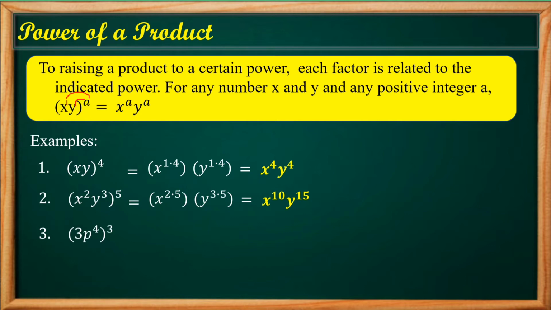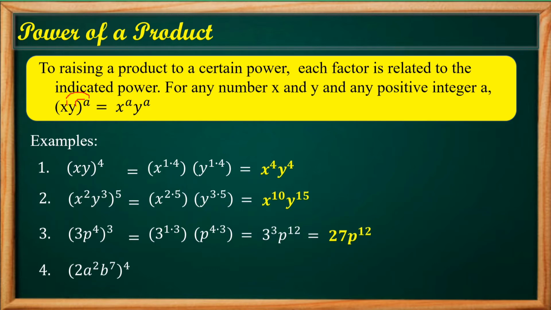Number 3, the same: 3 raised to the power of 1 times 3, then p raised to the power of 4 times 3. So 3 becomes 3 cubed, and 4 times 3 is p raised to 12. Then 3 cubed is 27, so 27 p raised to the power of 12.